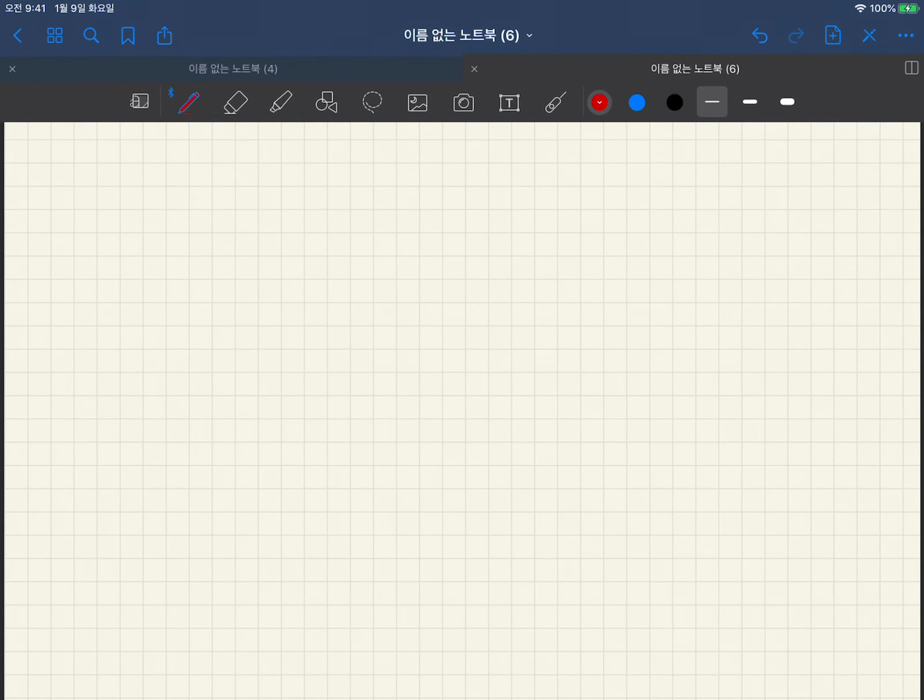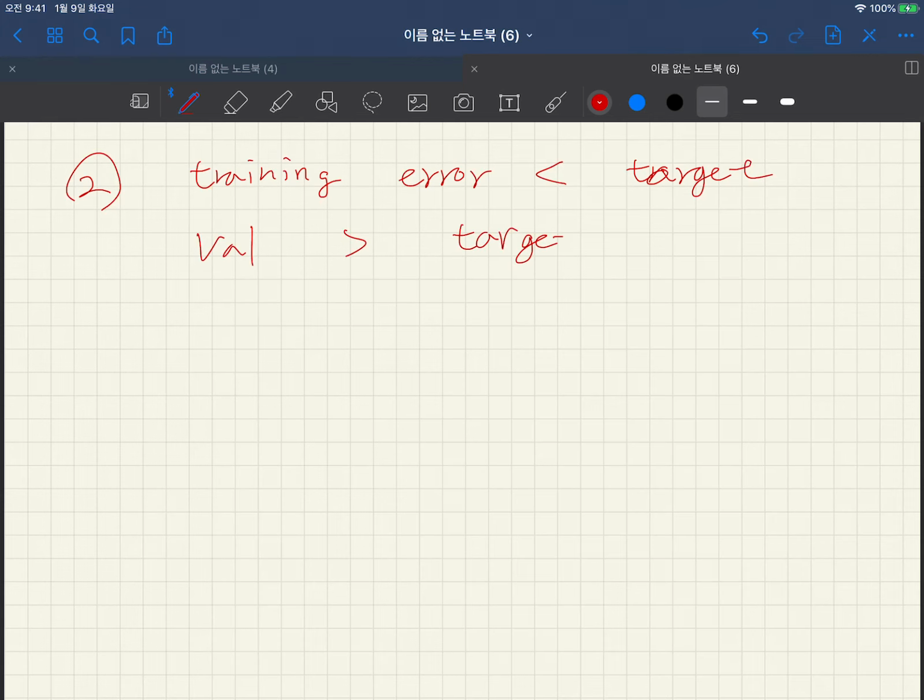So that's why many modern neural network architectures are trying to increase the width while keeping the same number of parameters by splitting the weight matrix. Usually they introduce some product form of the weight matrix so that they can decrease the number of parameters while keeping the width. Because we use much fewer parameters than before, we can solve the overfitting issue due to the wide neural network structure. Okay, all right. And when your training error is better than your target, but the validation error is much bigger than the target because of an overfitting issue, then we have to decrease the validation minus training error value by using some technique. There are many possible approaches to reduce overfitting.